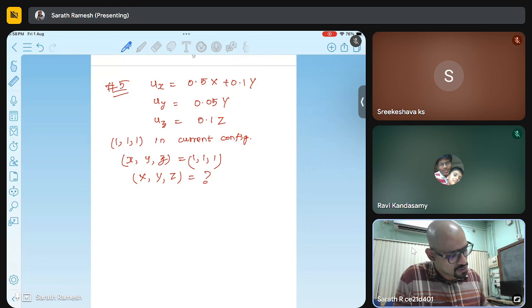So ux, uy, uz is given. The u vector is again the small x vector minus the capital X vector.